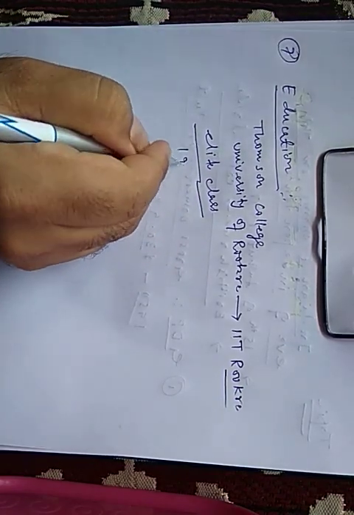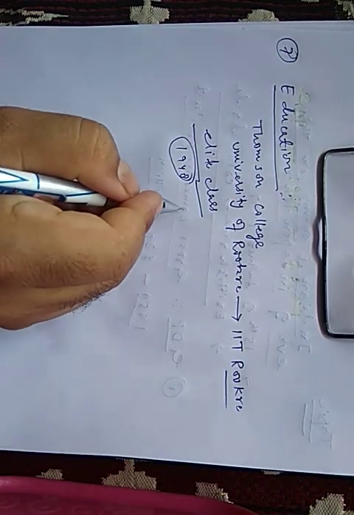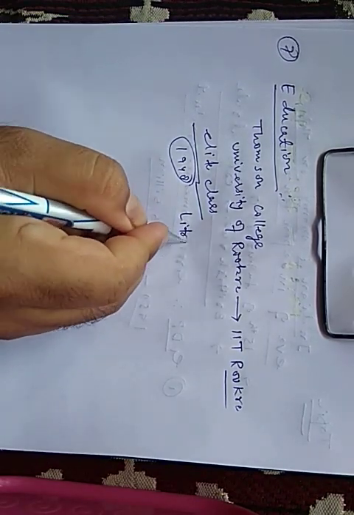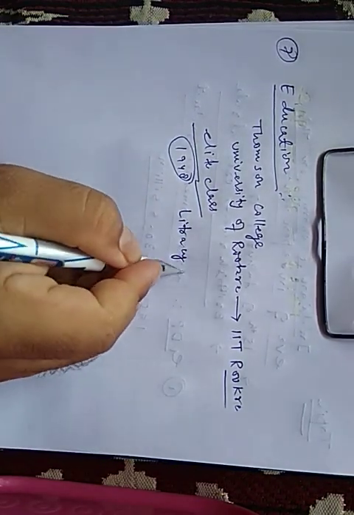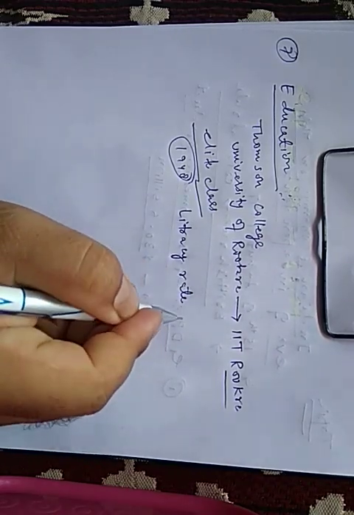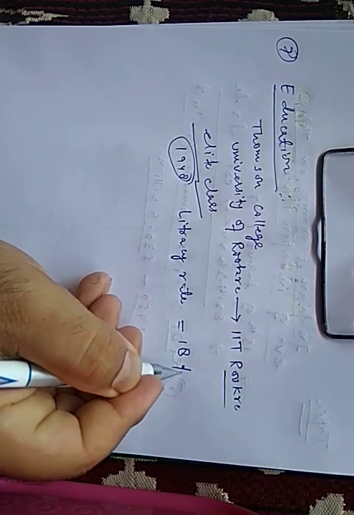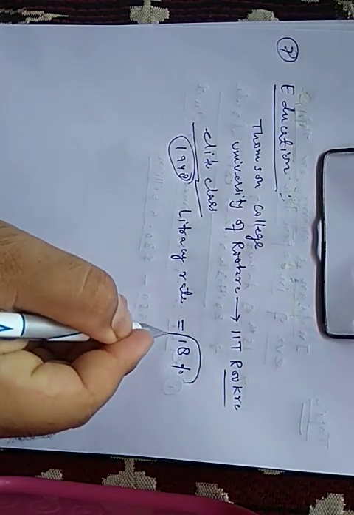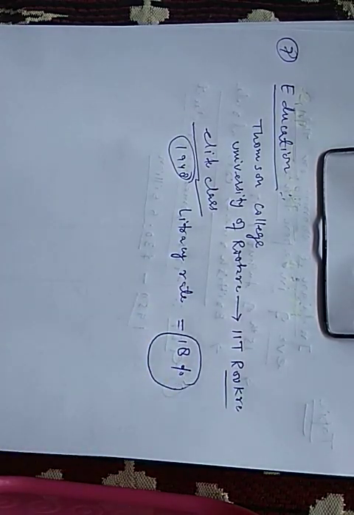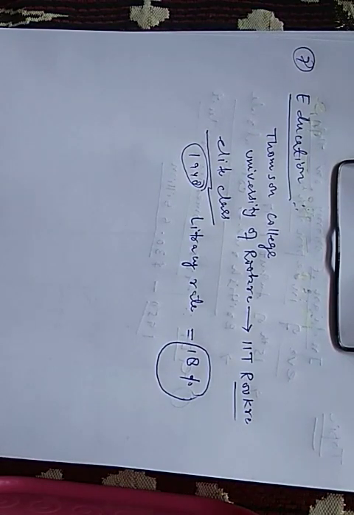In 1948, the literacy rate in India was merely 18%. Only 18% of the population were literate, who benefited from the educational development.